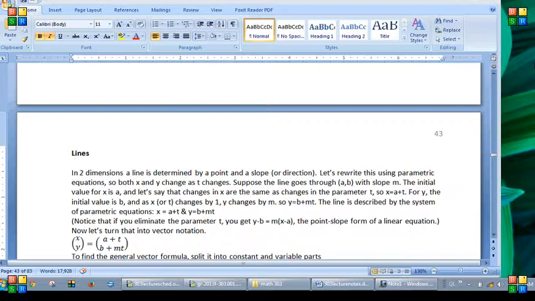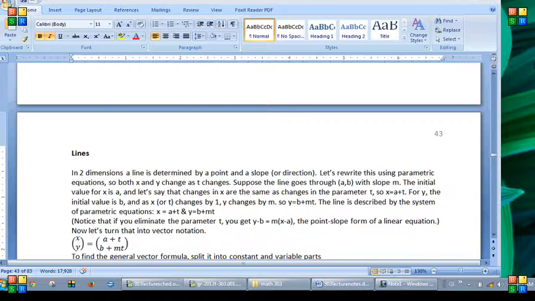So imagine we got a point and a slope. So imagine we have the point (a, b) and the slope is m. So this is stuff that we've seen before. So how would this look parametrically? The initial value for x is a, and for our purposes, let's just say that x changes the same as t. So x as a function is just the value a plus our parameter t.